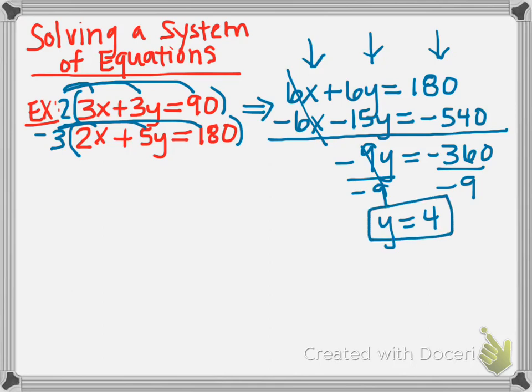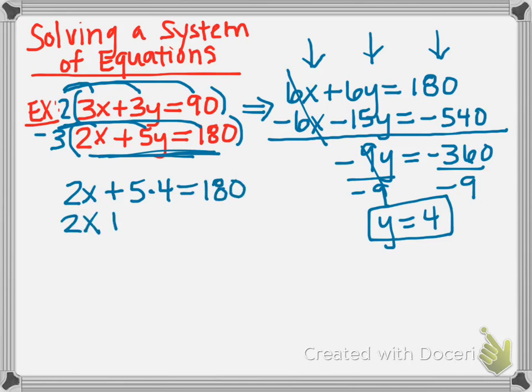Now to find my x value, I can just plug in this 4 for y in any equation that I have on my paper. I'm just going to use this second equation right here, just because it's right there. So I'm going to replace the y with the 4. 5 times 4. And then we're going to simplify. 5 times 4 is 20.